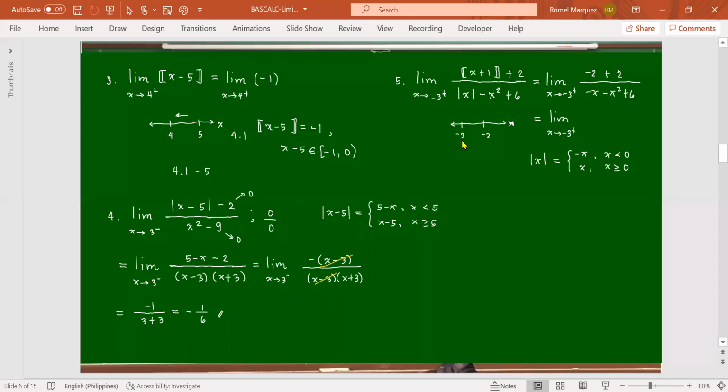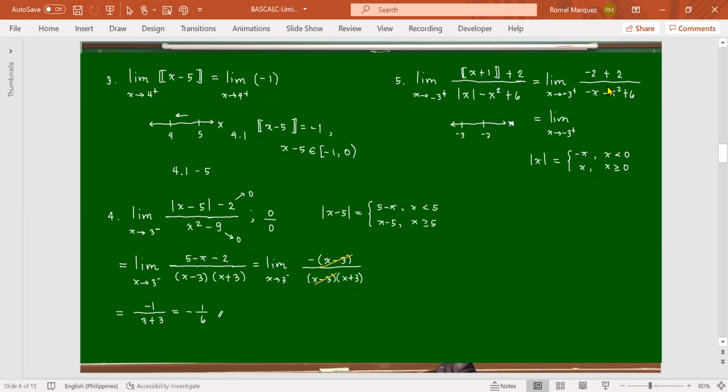Now, it happens that the numerator is 0. Remember, the denominator is not really 0. Remember, it is approaching negative 3 only. It's not really 0.